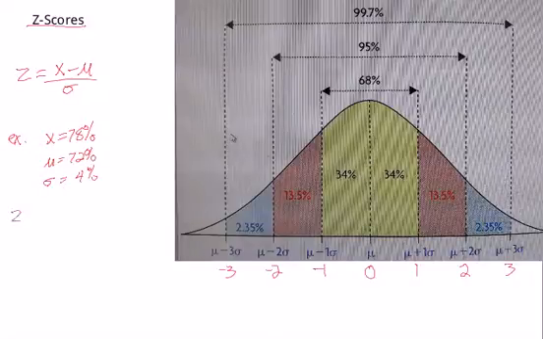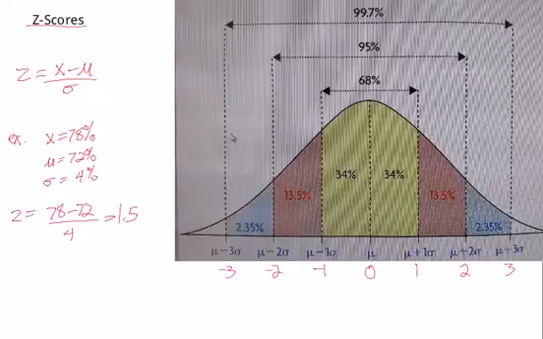So we can calculate the z-score. On your calculator, you'd go 78 minus 72, divided by 4, and that gives us 1.5. What that means is if you got 78% on the test, compared to everybody else in the group, you are at 1.5, so you're right at this higher portion of the graph.